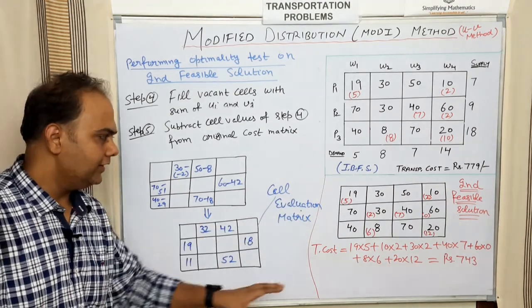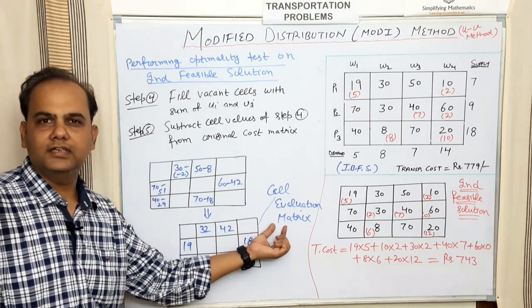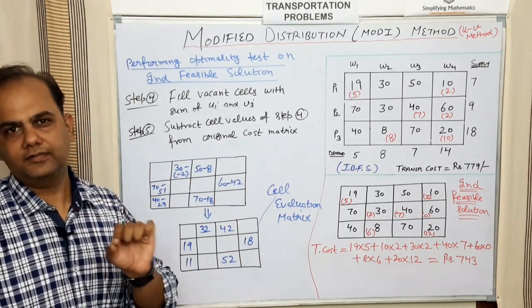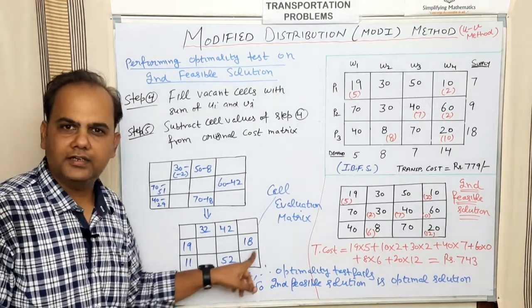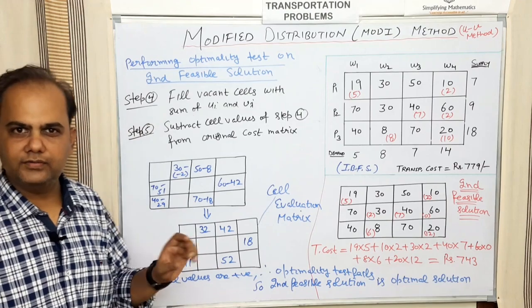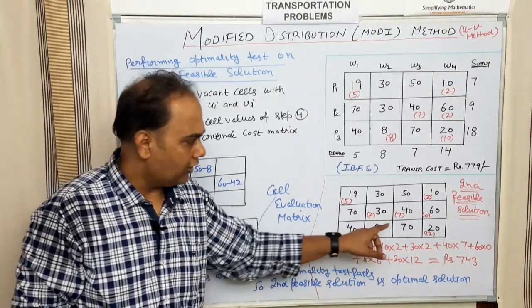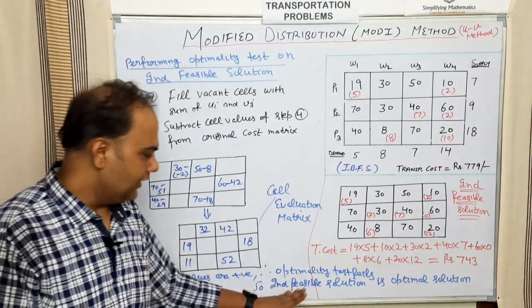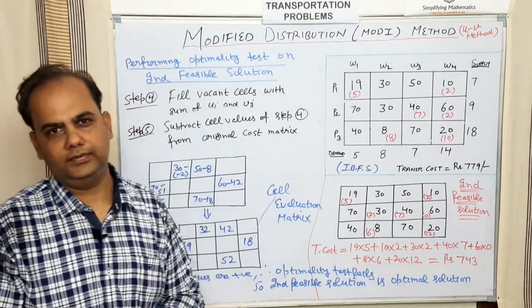So we cannot say that this is an optimal solution unless all the values are positive, and since all the values in the cell evaluation matrix are positive, the optimality test fails. Since you are not getting any negative value in the cell evaluation matrix, we can write that the optimality test which we have performed on the second feasible solution fails. Therefore this second feasible solution is our optimal solution.